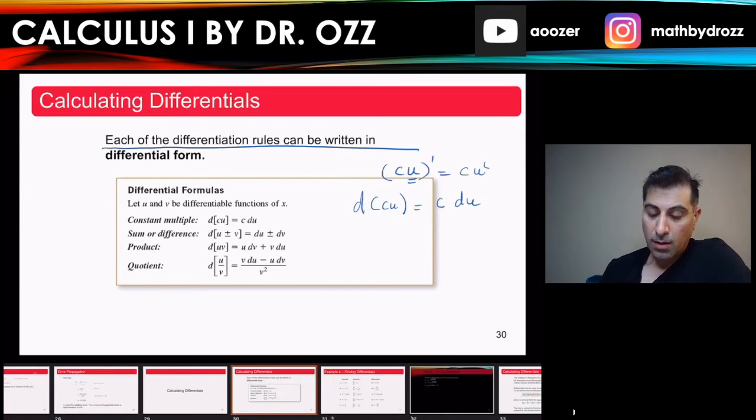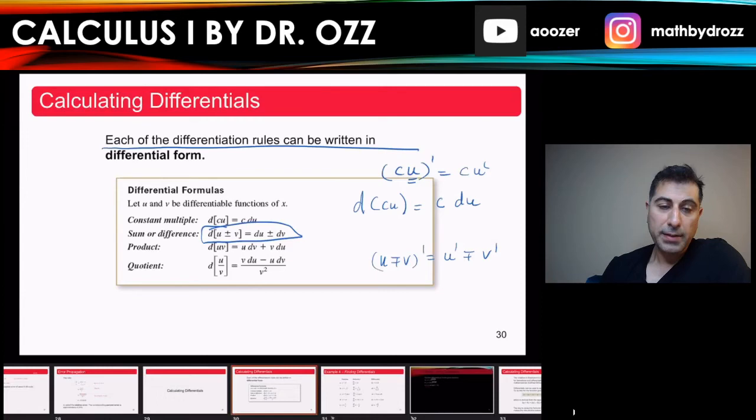The same thing goes for the derivative of the sum or difference of two functions. We had u plus or minus v, prime, which we wrote as u prime plus or minus v prime, and we can change that to differential notation. So d of the sum or difference of two functions u and v is du plus or minus dv.